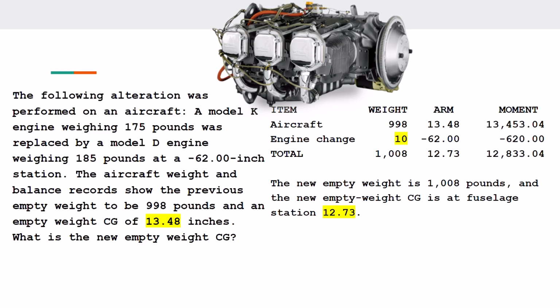We add up all our moments, we add up all our weights, we divide our total moment by our total weight, and it gives us a new empty weight center of gravity at 12.73. So the answer is the new empty weight is 1,008 pounds, and the new empty weight CG is at fuselage station 12.73.